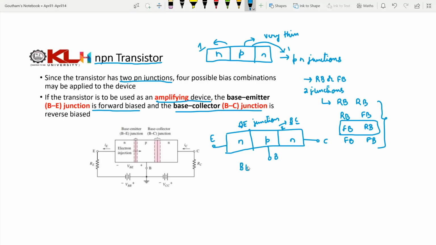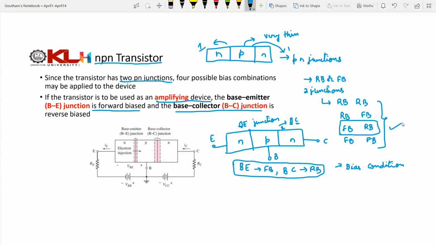The base emitter junction should be forward biased and the base collector junction should be reverse biased. So this is the possible bias we are looking at. We wouldn't be discussing other bias conditions in this lecture, so we'll be solely looking at this particular bias condition. There are four possible, and out of these four we are looking at this one.